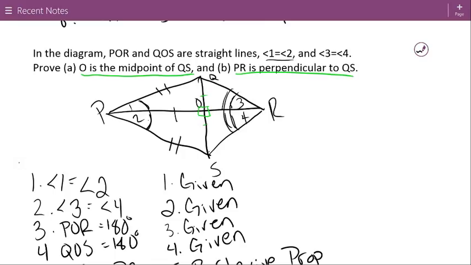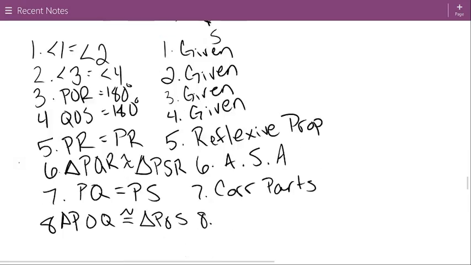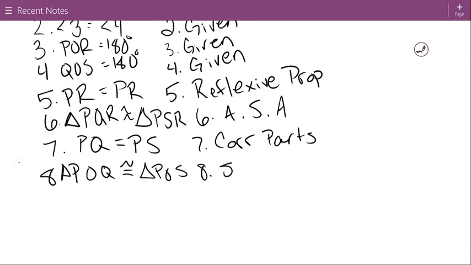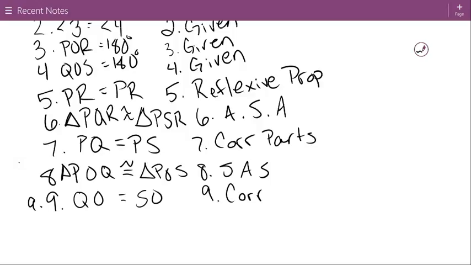So now we have side angle side on these littler triangles. So step 9, QO is equal to SO because they're corresponding parts.